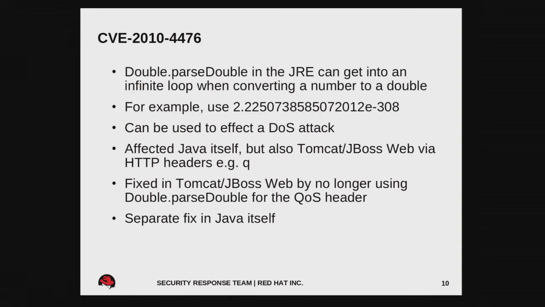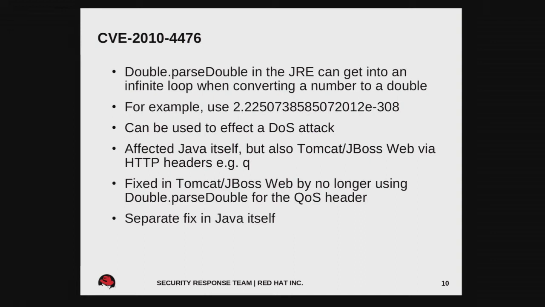So you give it a string for this number and say, turn that into a double, and it would actually get into an infinite loop, and you could use this to effect a denial of service attack. It was found in the JRE, in the JVM, I think it was 5 or 6 years ago, and only recently did somebody patch it in 2010. Obviously, JBoss is affected by virtue of the fact that it runs on Java, so you want to patch the instance of Java.